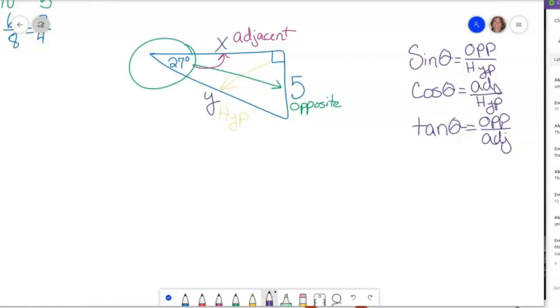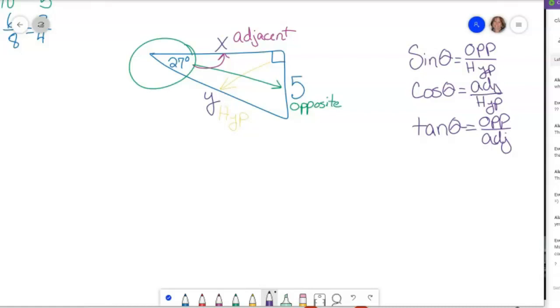So anyway, all right, so we have again opposite. So out of my three functions, which two would I want to consider using? So tangent would be one. The sine, yeah, it's sine.